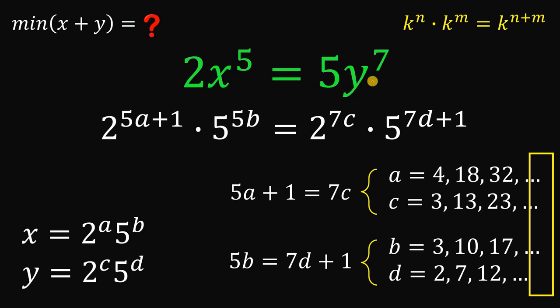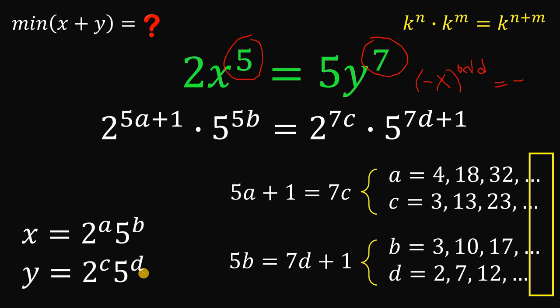2x raised to the 5th power equals 5y raised to the 7th power. Now, notice the exponents of x and y. We have 5 and 7, and they are both odd numbers. Therefore, a negative number raised to an odd power turns out to be also a negative number.